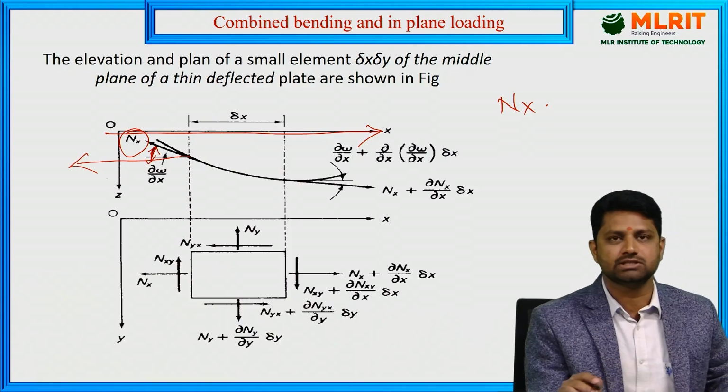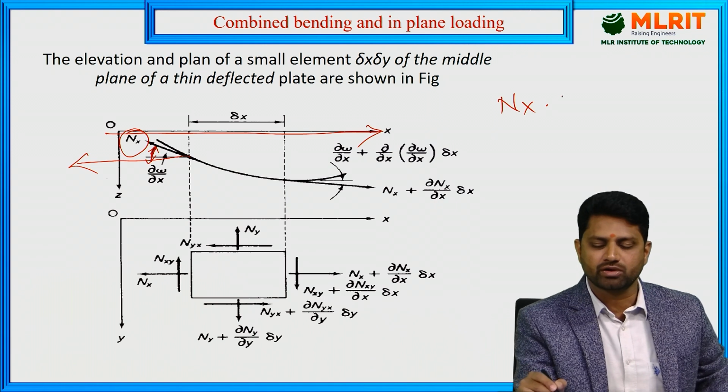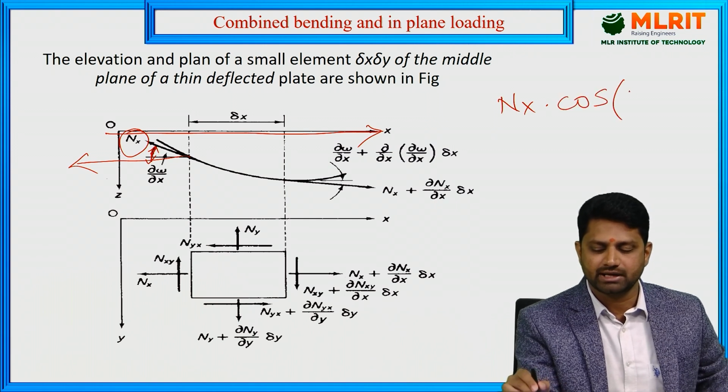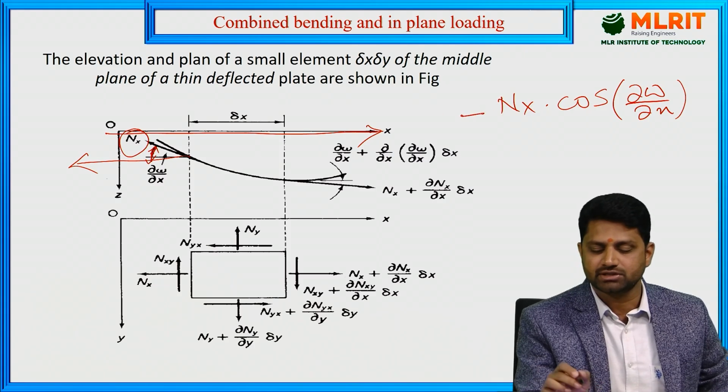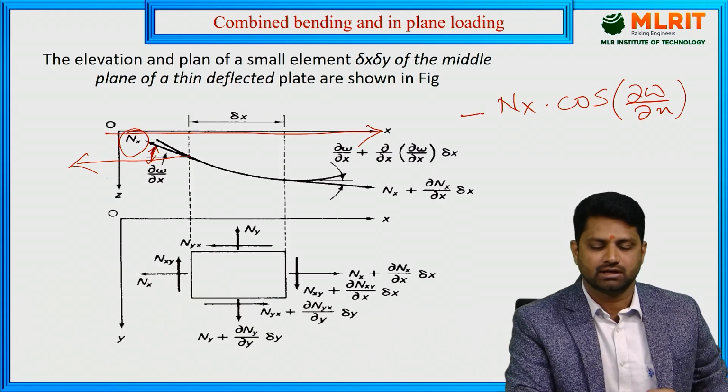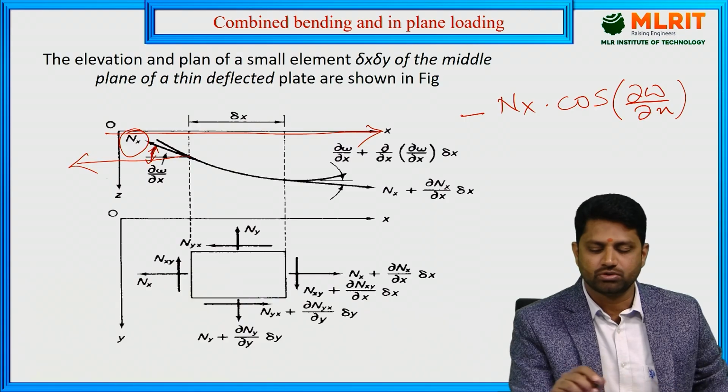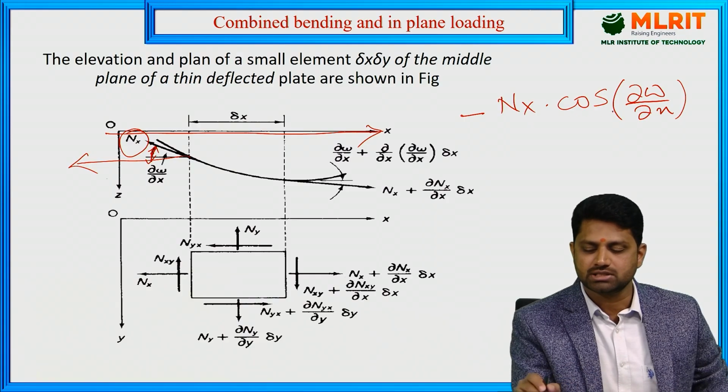So the angle is ∂w/∂x. So it is going to give cos of the component. So I'm writing cos of ∂w/∂x. This is acting in the left direction, so you can consider it as a negative force. So the total force is Nx into cos ∂w/∂x.